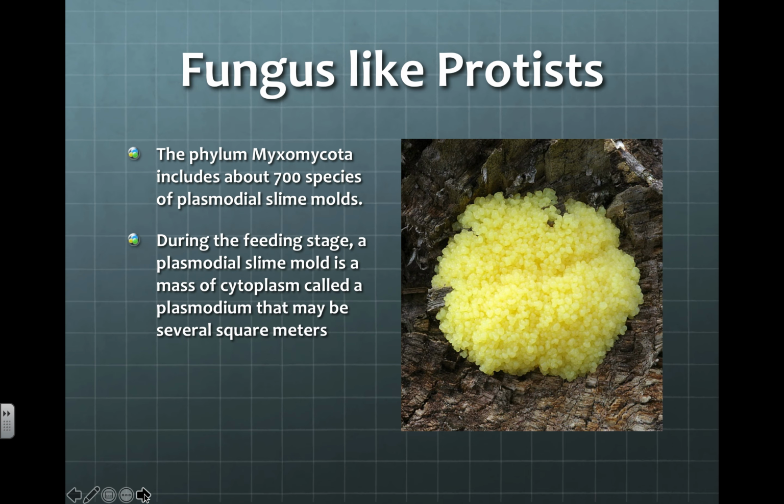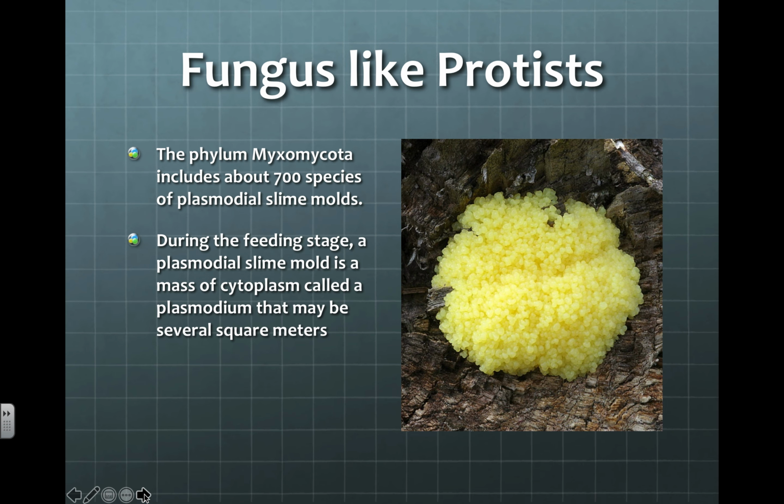All right, our first phyla is called Myxomycota. Now, anything that ends with mycota means that it's a fungus. There's about 700 species, and these are called the plasmodial slime molds.